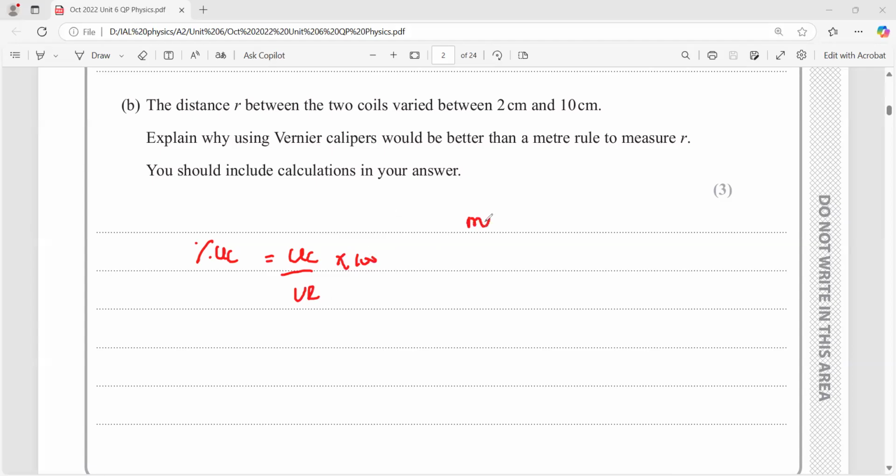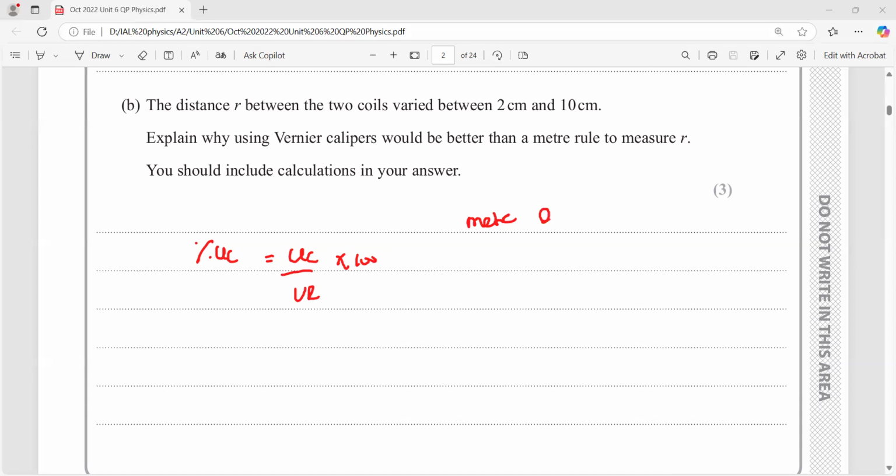When we talk about the meter rule or meter scale, we can take a smaller value, 2 centimeter, to compare the percentage uncertainties. What is the smallest value which a meter rule can measure in centimeter?